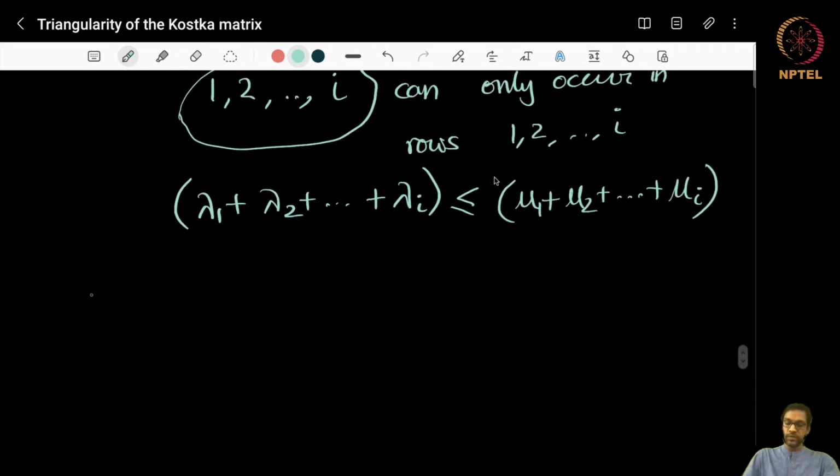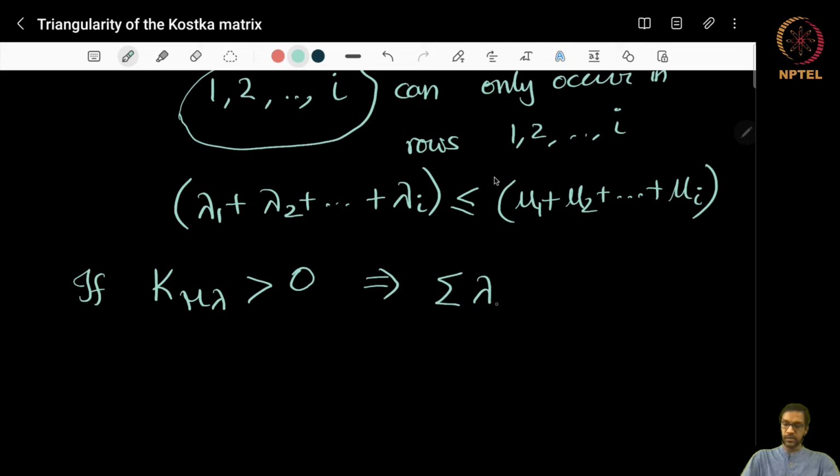Okay, so we conclude that the following is true: if the Kostka number K mu lambda is positive, then this condition holds for all i. Summation of lambda p from 1 to i is less than or equal to summation of mu p.